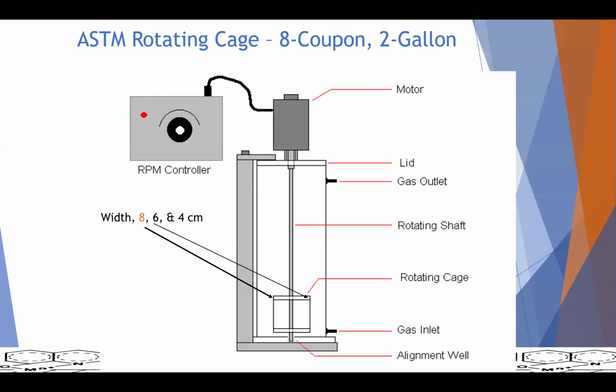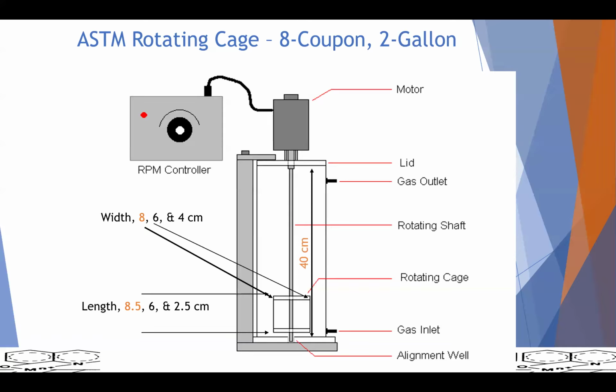ASTM specifically tells about the rotating cage width, which is 8 centimeter. You can do 6 centimeter or 4 centimeter, but ASTM G170 recommends 8 centimeter. It specifies the length of the rotating cage, 8.5.